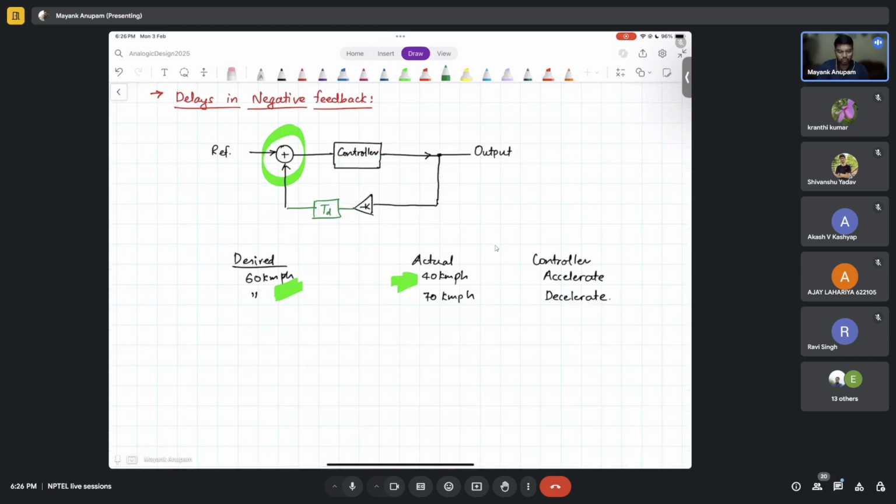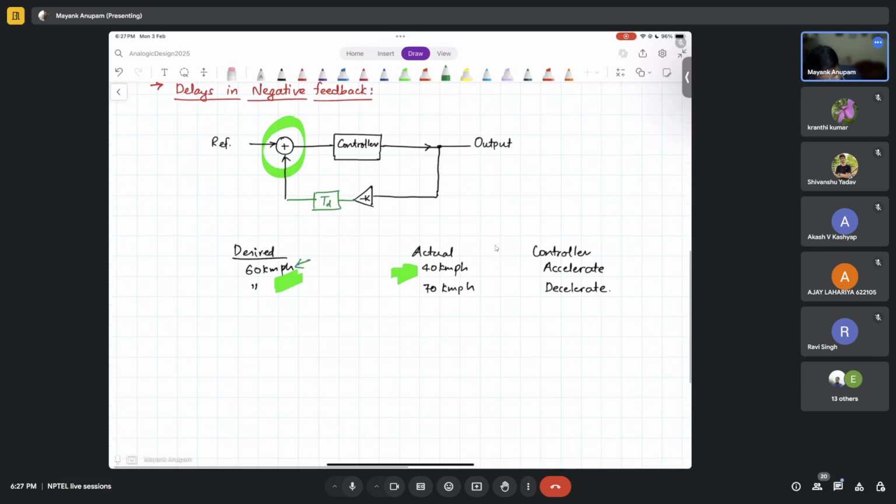By high loop gain, what do we understand? The loop is very powerful. The negative feedback is very powerful in trying to bring the system back to its original state. That's what high loop gain means. In the bike riding example, let's say you wanted to achieve a speed of 60 kmph, but your actual speed is 40 kmph.